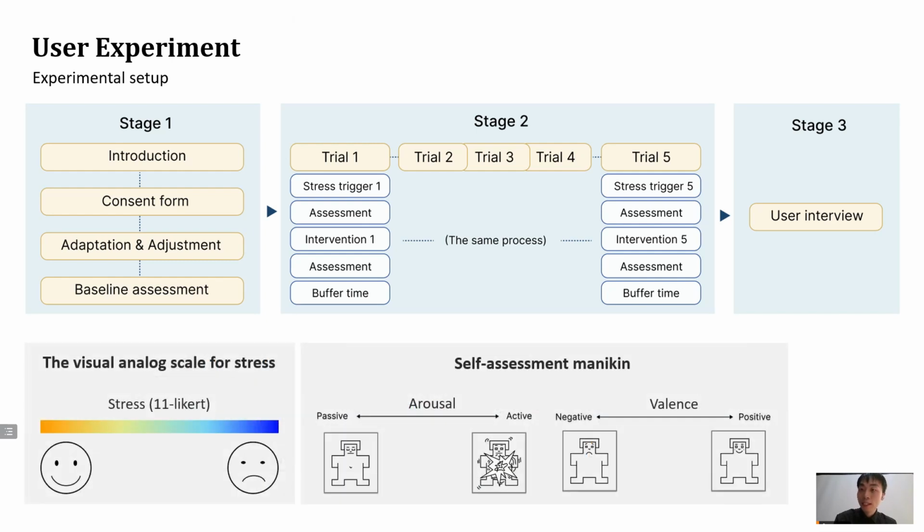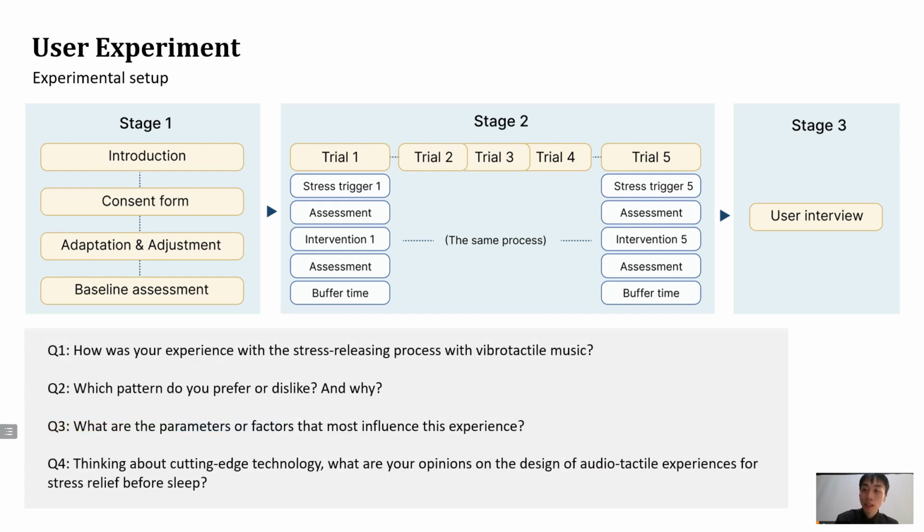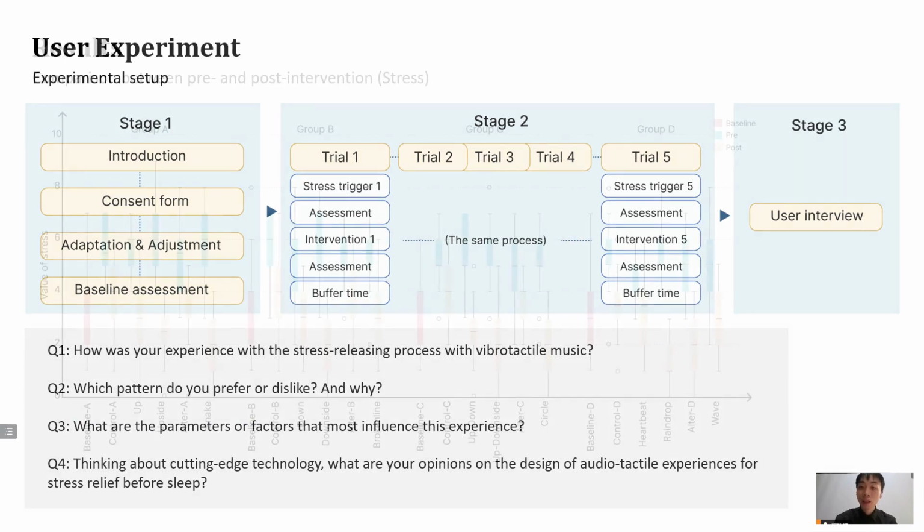Subjects' emotional states were assessed before and after the intervention using the visual analog scale for stress and the self-assessment mannequin for arousal and valence. Stage 3 was a user interview with 4 open-ended questions. Consequently, we obtained 3 sets of data for stress, arousal, and valence, and subjective descriptions under each condition.